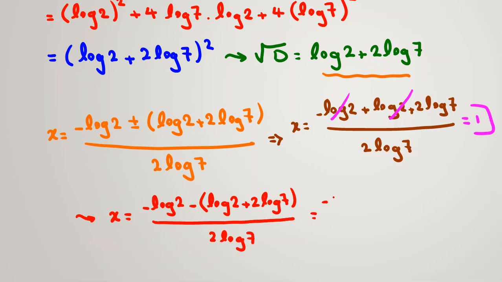Minus log 2 minus log 2 is negative 2 log 2, and negative 2 log 7, all over 2 log 7. We can divide both numerator and denominator by 2 and get rid of this.